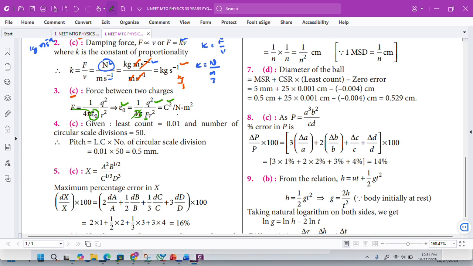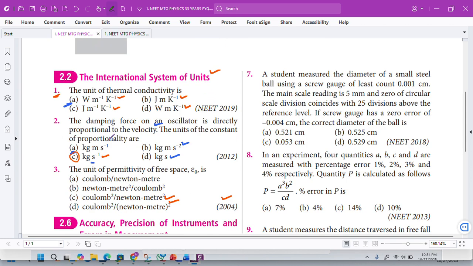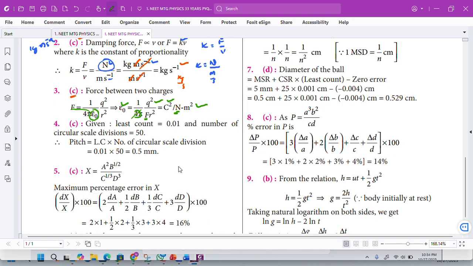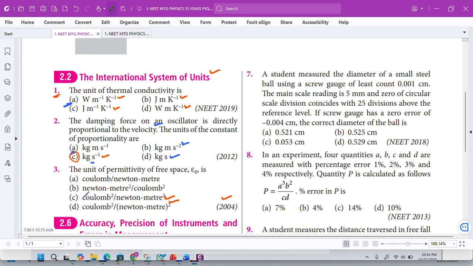The unit for force is Newton, and the unit for distance r is meter square. Coulomb square for Newton meter square is the correct answer, dear students. Hence, answer C is the correct answer: Coulomb square for Newton meter square.